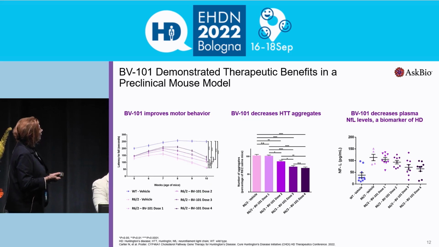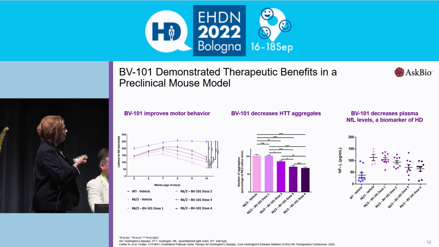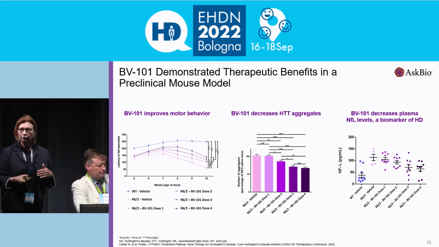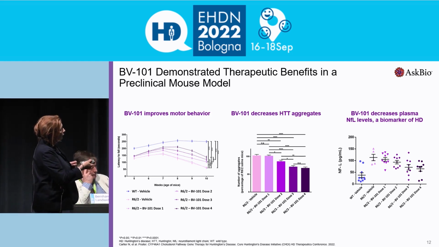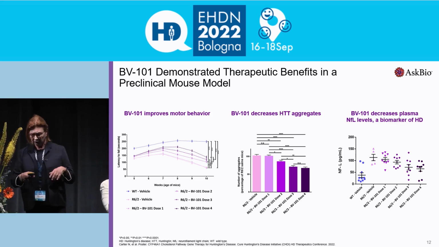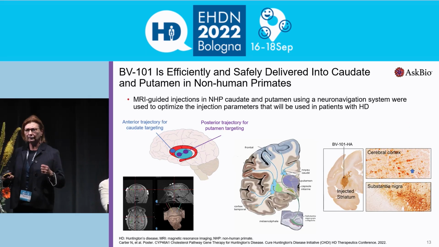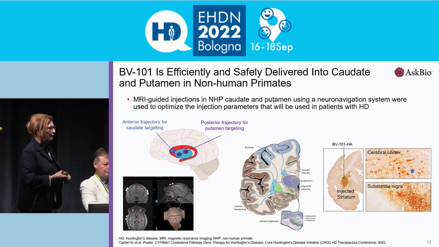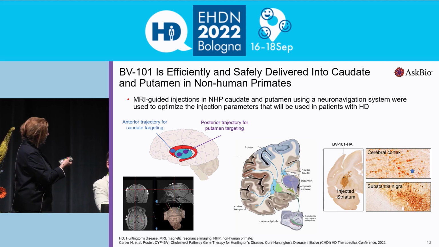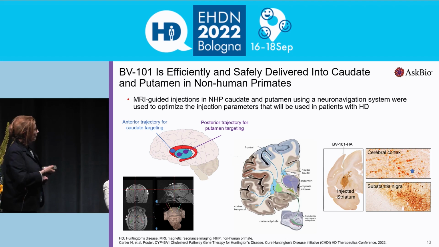We have done dose-finding studies to demonstrate that we do have dose-dependent correction of motor behavior, of the clearance of the aggregates, and a very important marker, neurofilament light chain, which is restored in a dose-dependent manner. We have done translational steps in primates, in collaboration with Romina Aron at Mersenne, and working then in a clinical setting, like you see here, with the neuronavigation system that will be used in the clinics.